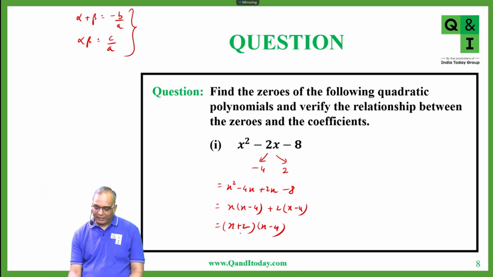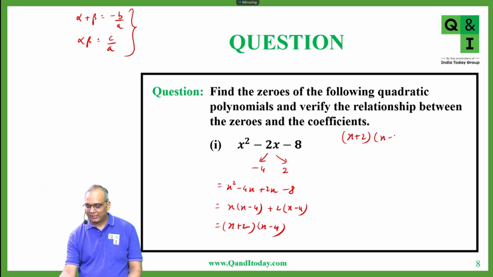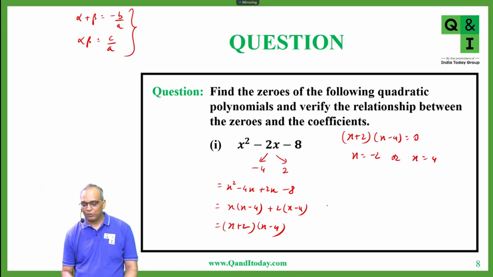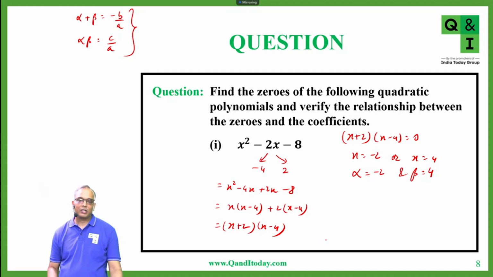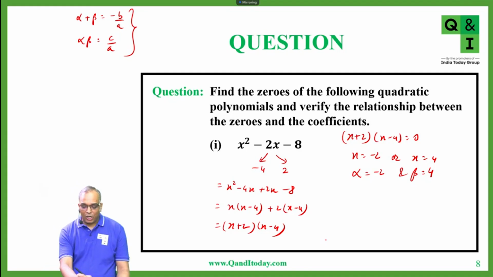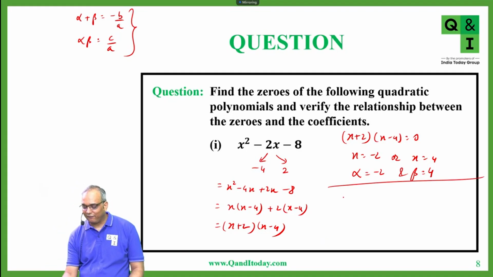So if you have to find the zeros, you will equate it to 0. So x plus 2 into x minus 4 is 0. This will give you x is equal to minus 2 or x is equal to 4. Now, for example, alpha is minus 2 and beta is equal to 4. You have got the values of alpha and beta. Now you will put them in this relation and verify it.